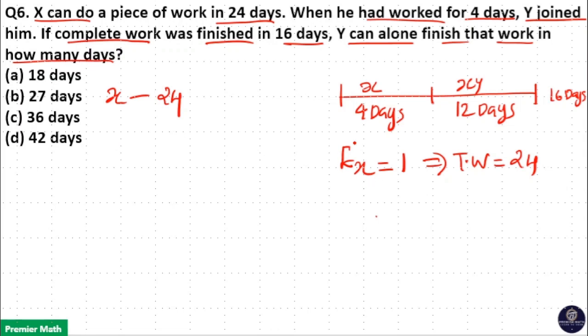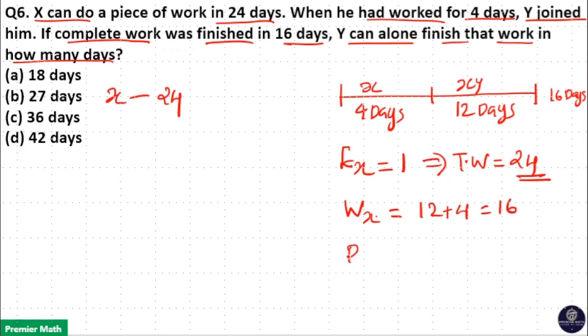That means if efficiency of X is 1, then total work will be 24 into 1, 24. So here X worked for how many days? 12 plus 4, 16 days. So work completed by X is equal to 12 plus 4, 16 unit.